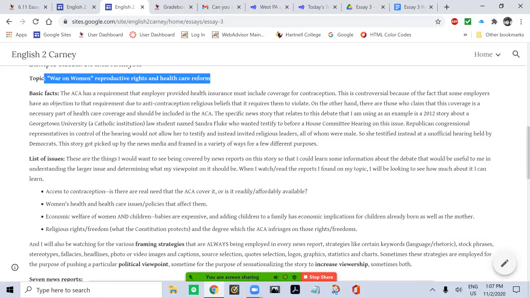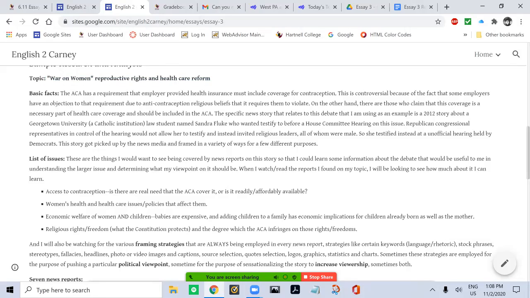It's a slogan devised by Democrats, people on the left, to characterize a set of policies that were coming from Republicans in the states and at the federal level, that were intended to limit access to reproductive health care, primarily abortions, but also contraception. And this one happens to be about contraception.